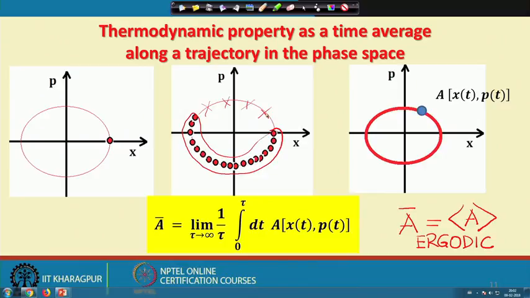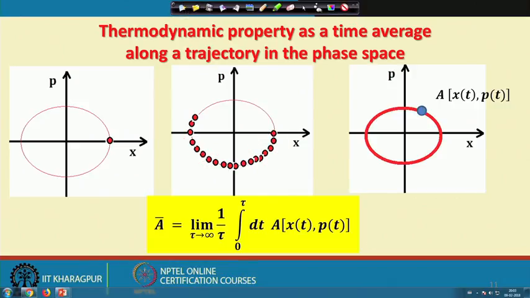Therefore, for non-ergodic systems the time average of A is going to be not equal to the ensemble average of A. In the case of an ergodic system, the time average is the same as the ensemble average. For a non-ergodic system, the time average is not equal to the ensemble average simply because the system has not been able to sample a large part of the phase space under the given condition.